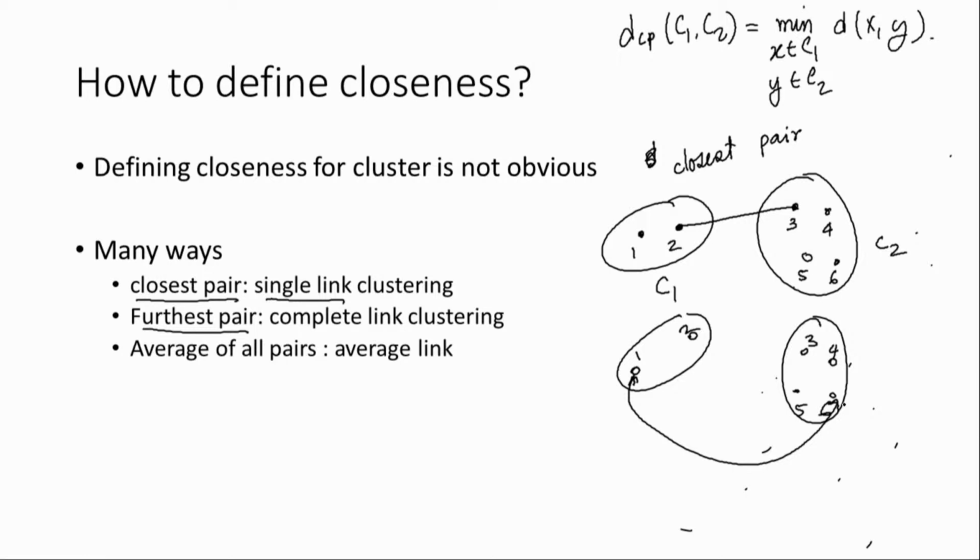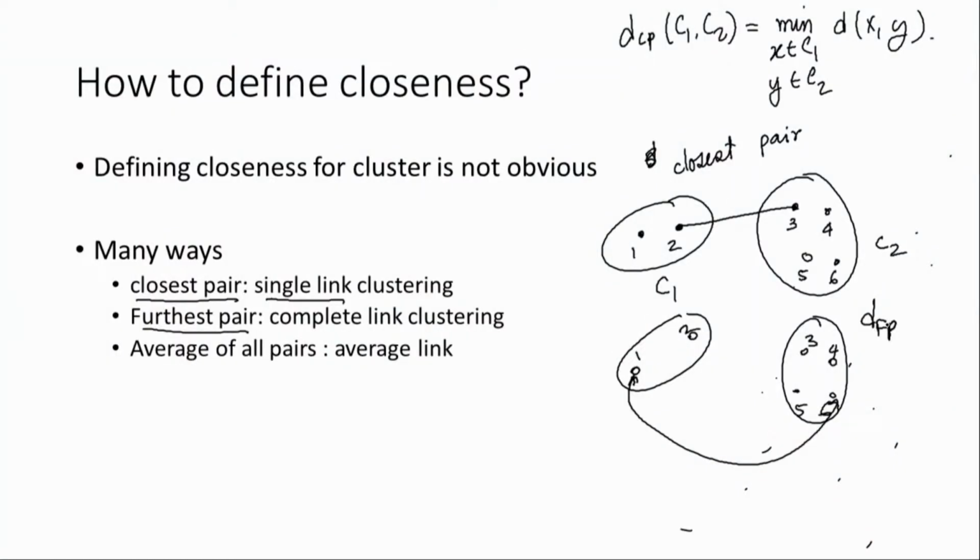The intuition is that I want to make the entire cluster cohesive. So even if one of the distances is big, I should call the distance between two clusters to be big. So the farthest pair distance between cluster C1 and C2 is defined as max of x belongs to C1, y belongs to C2, d of xy.